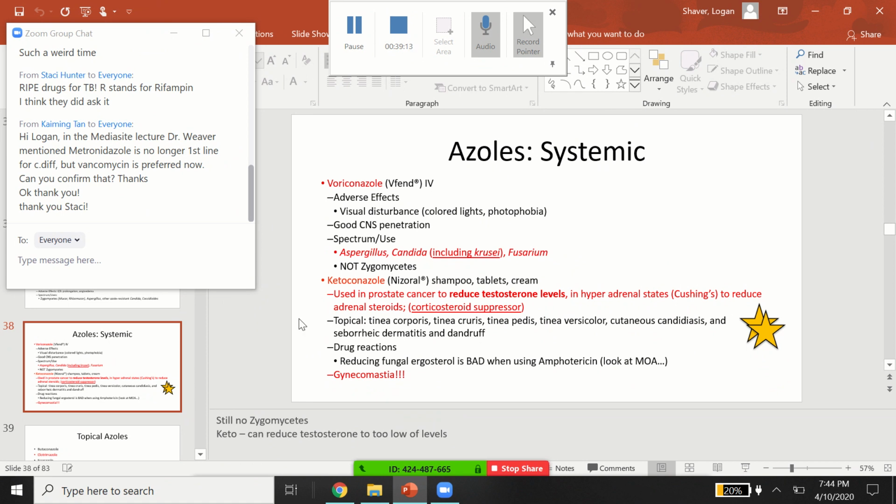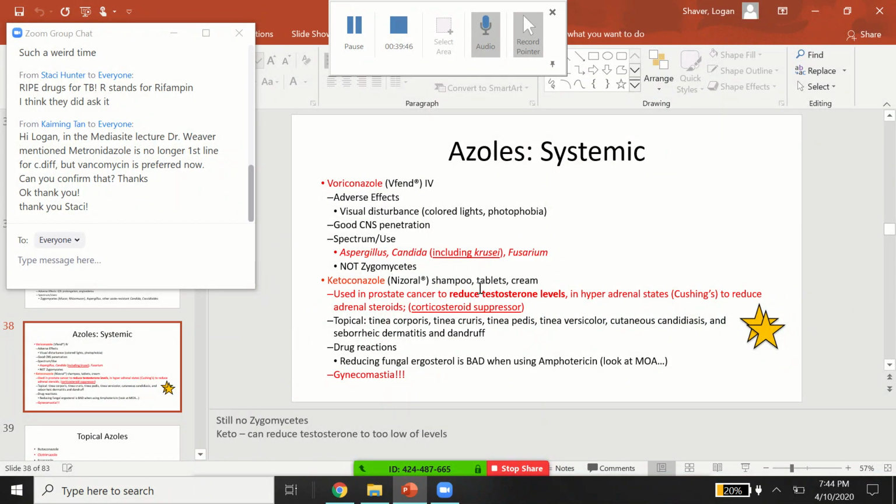Then ketoconazole. We already mentioned the important thing to know with ketoconazole, and since she mentions it already twice anyway, it seems like maybe she did have a question on that. I put 2 stars on there because it's definitely important to know.